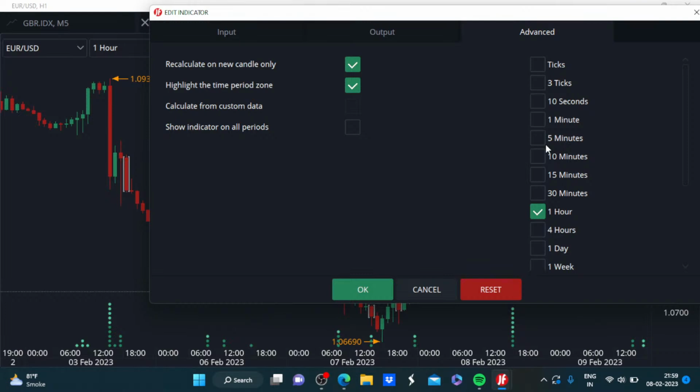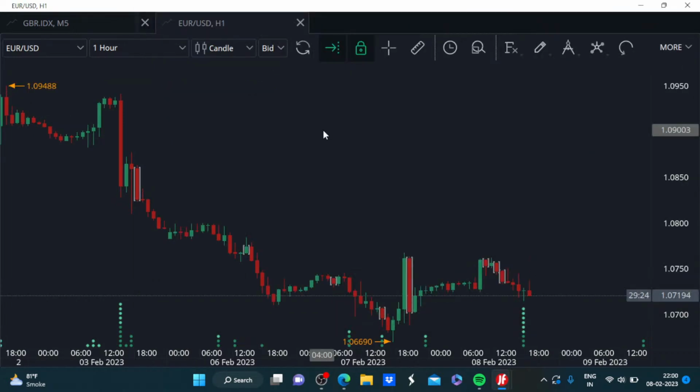So you can have multiple indicators on different time frames. Now I am opting for show indicator on all the periods. All right. So this is how you can utilize this formation to look for opportunities, possible reversals, and you can then go for the trade while trying to optimize the entry and exit points.